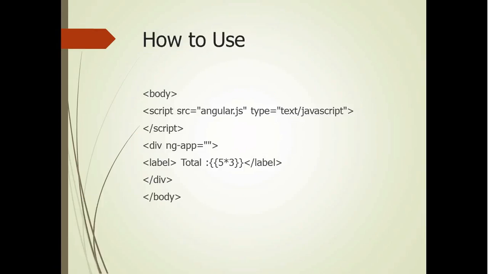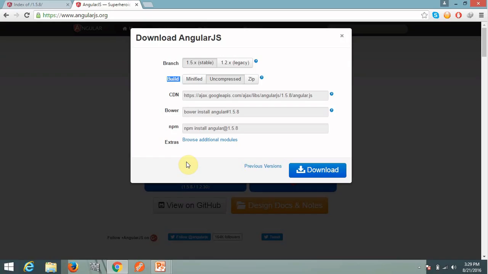Once you have downloaded the AngularJS script, you can use the code like this. Here I have mentioned a script, angular.js, type text/javascript. You can easily mention it like this, and you may use the CDN also.